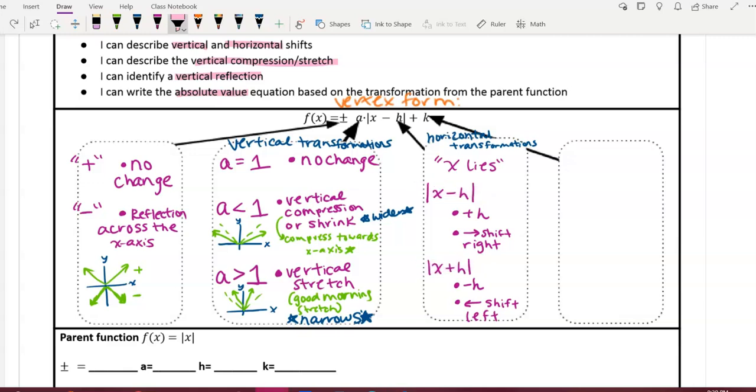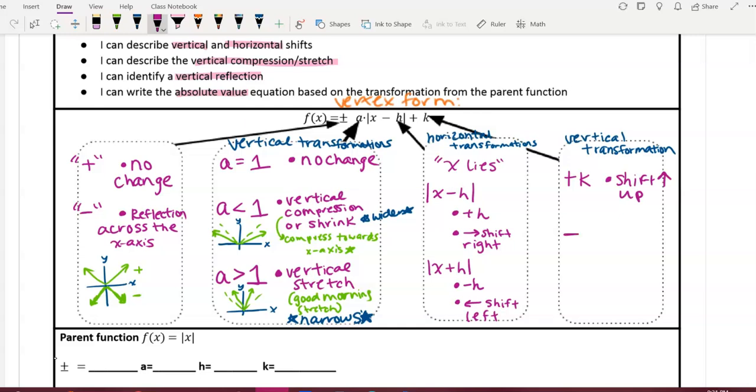All right, moving on to our last one, which is another vertical transformation. So because k is a vertical transformation, when we have a positive k, we shift up.